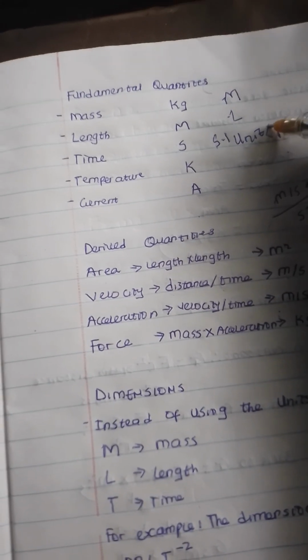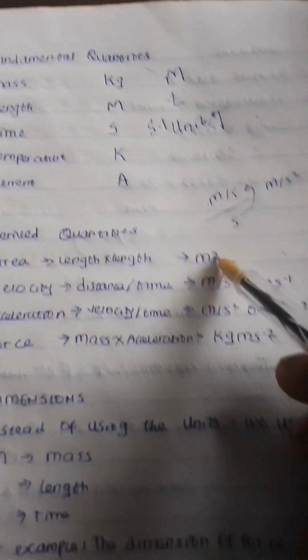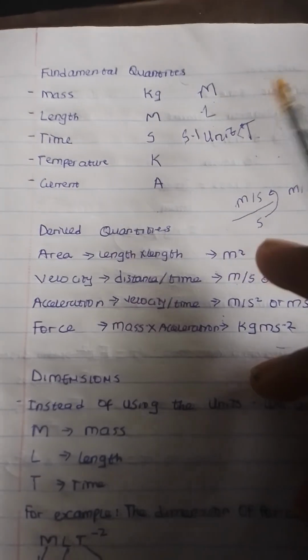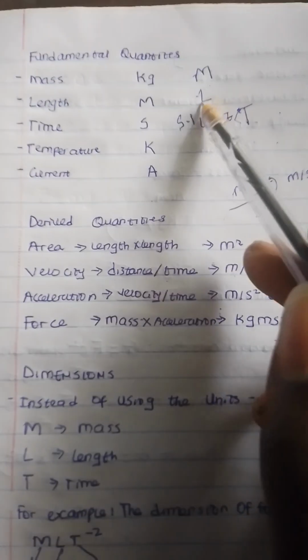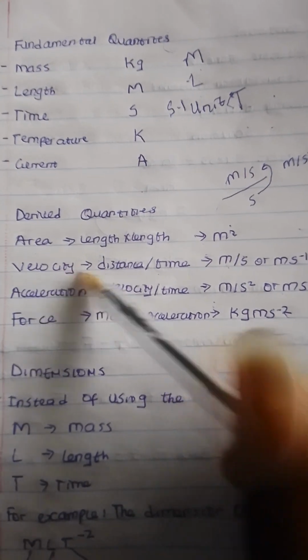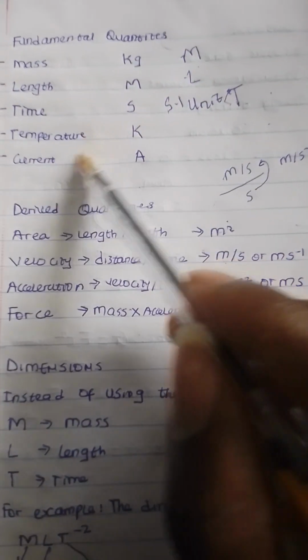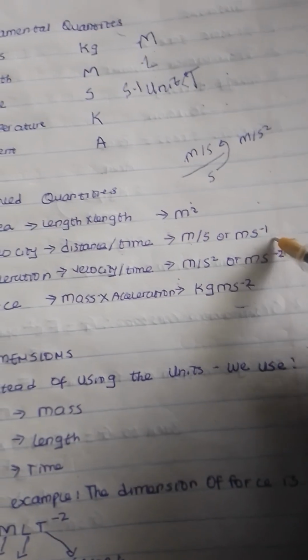T. So you'll be using this very well for your JAMB. MLT. So in this place, instead of writing meter square, for instance, if you want to find the dimension, what will you write? What is length? L square. Instead of writing distance over time, what is distance here? Length. What is time here? It will be L over T.